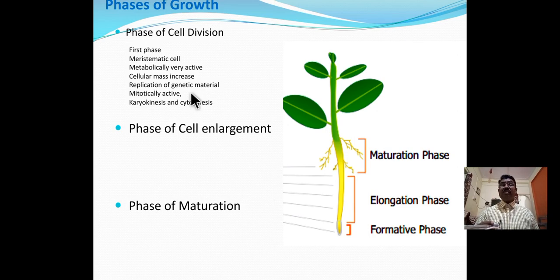During this phase, the region becomes mitotically active. Karyokinesis and cytokinesis, the processes of cell division, happen during the phase of cell division.